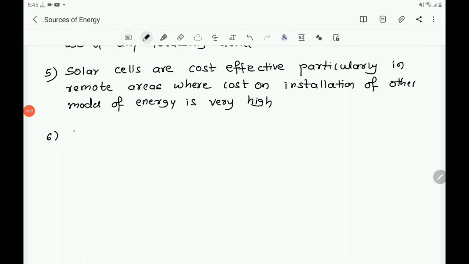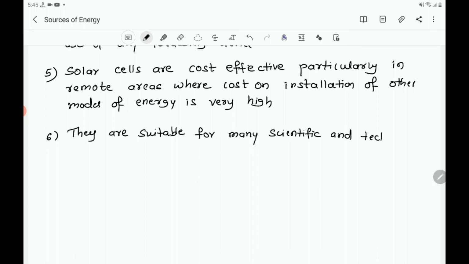So they are suitable for many scientific and technological applications.